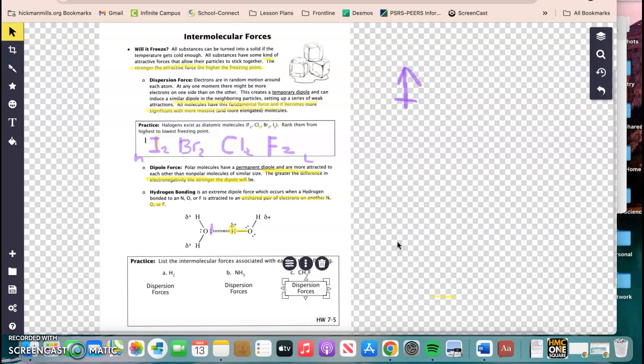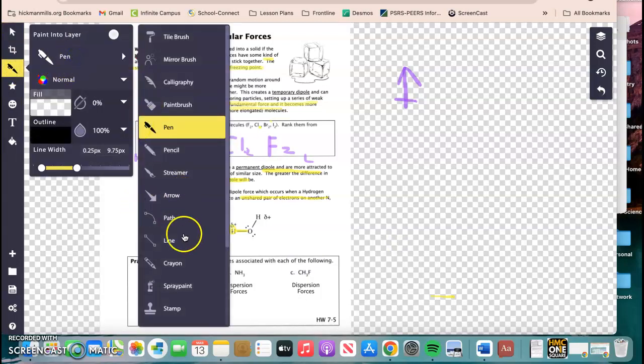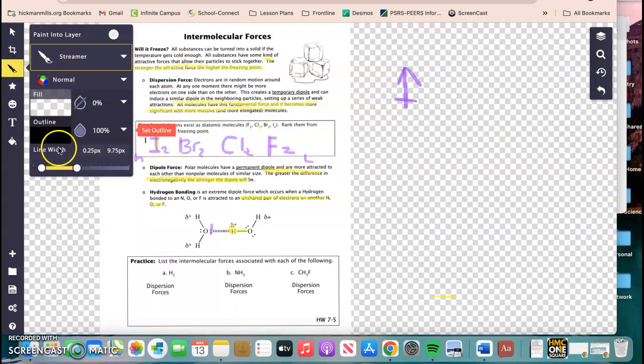So now for the other two, we are going to actually have to draw out those molecules.